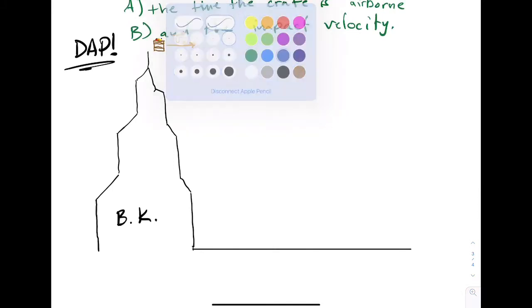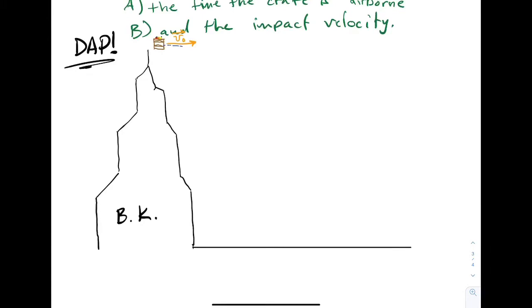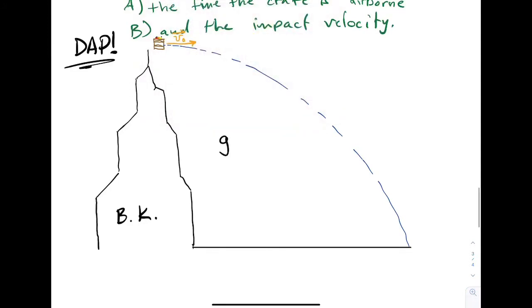We can also show the path that the crate will take through the air. Being launched horizontally means we'll get this kind of half parabola. And we could show then, of course, that the acceleration due to gravity is the only thing acting on the crate. So we should show the acceleration due to gravity's vector.